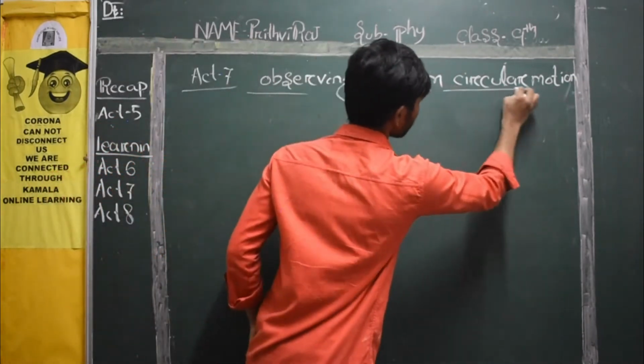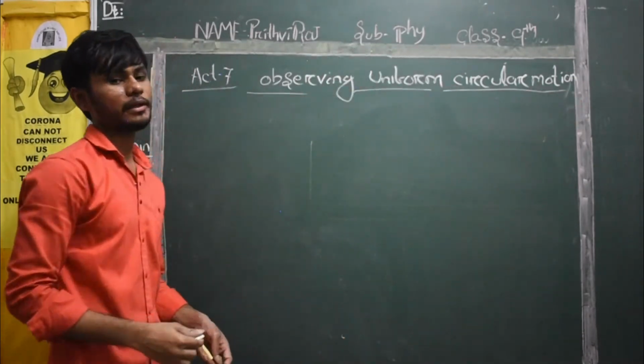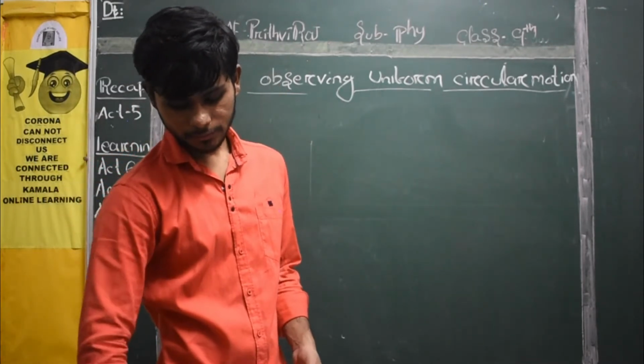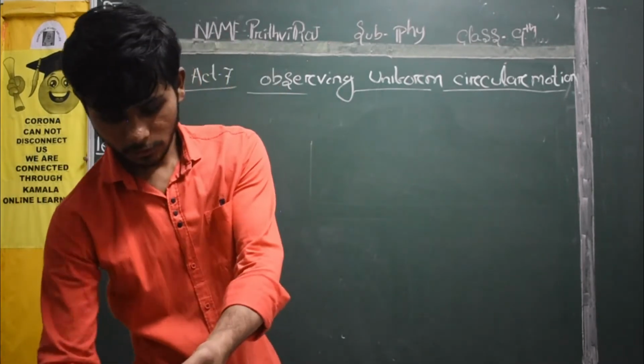So now we will observe what will happen in a uniform circular motion. Let me draw one circle. Use one apparatus.